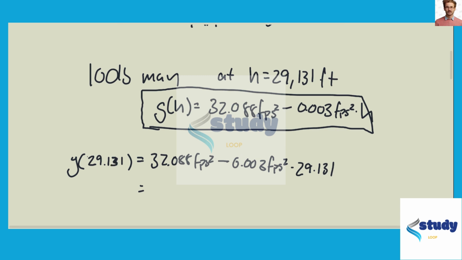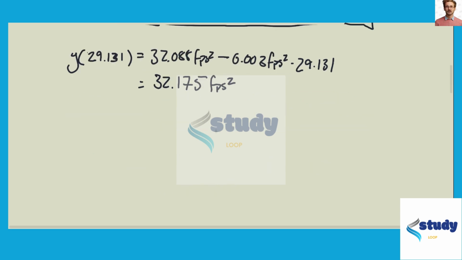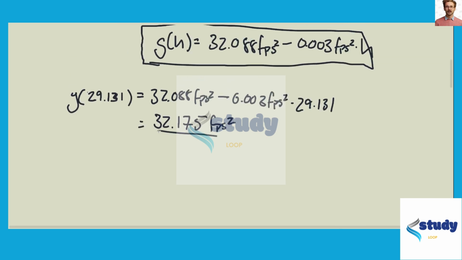Okay, and we get 32.175 feet per second squared.